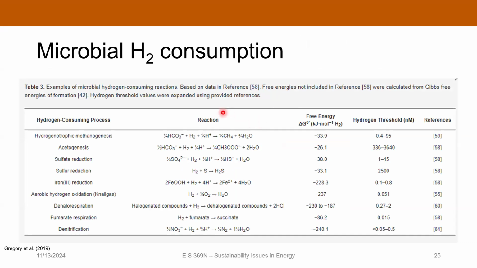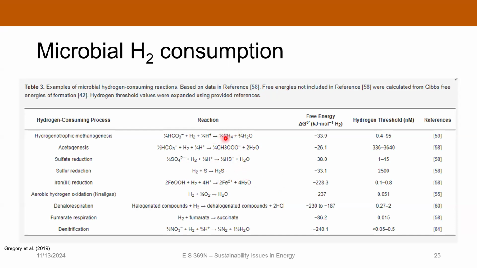And when microbes consume hydrogen, you're losing your hydrogen, which is bad, but also they can produce hazardous chemicals that need to be separated out from the hydrogen that you do produce back to the surface. A good example of that is hydrogen sulfide. So if you have sulfur-reducing bacteria, they will produce hydrogen sulfide, and that can be very expensive to remove from the produced hydrogen stream.